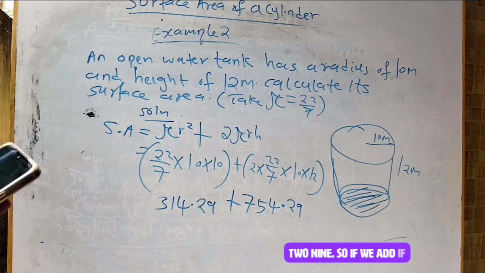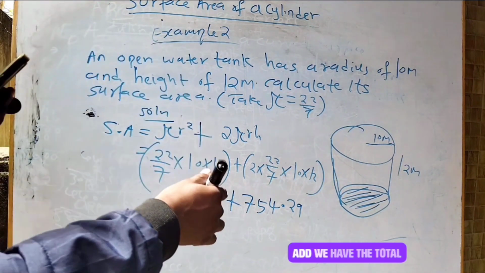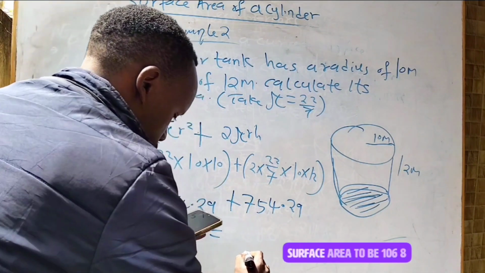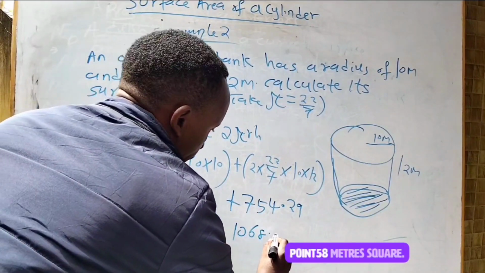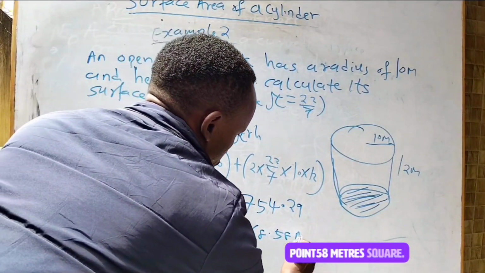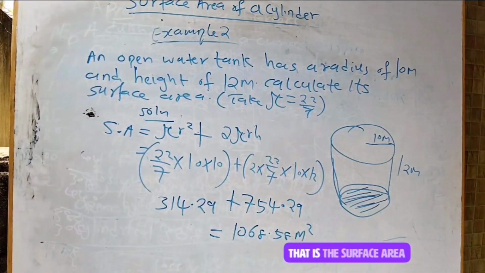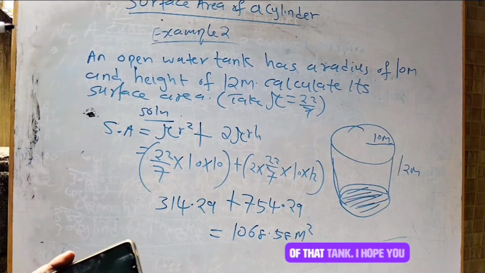If we add, we have the total surface area to be 1068.58 meters squared. That is the surface area of that tank.